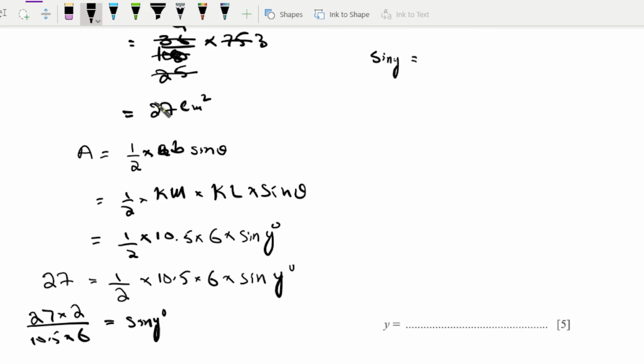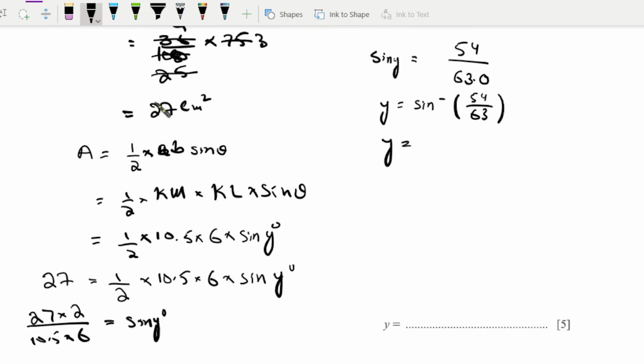Sine y is equal to 54 divided by 6 ones are 6, 6 fives are 30, we got 63. And y is equal to sine inverse 54 upon 63.